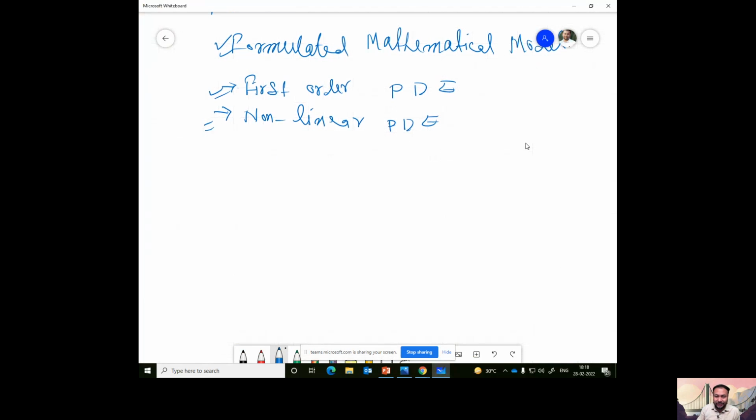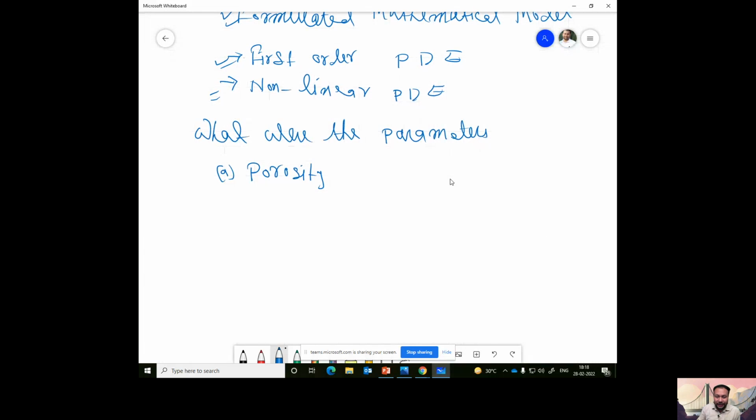What were the parameters we considered to formulate the mathematical model? Number 1 parameter was porosity. We took porosity as a parameter. Next, we took relative permeability.